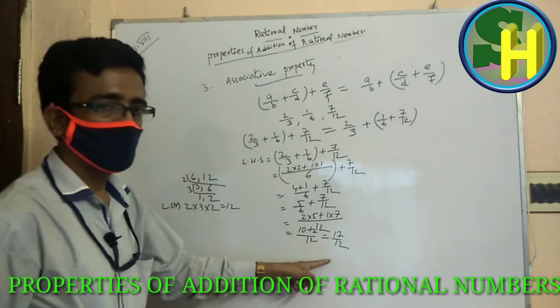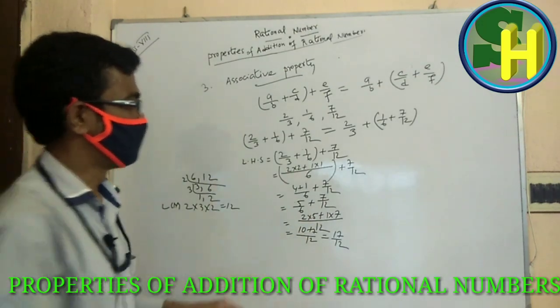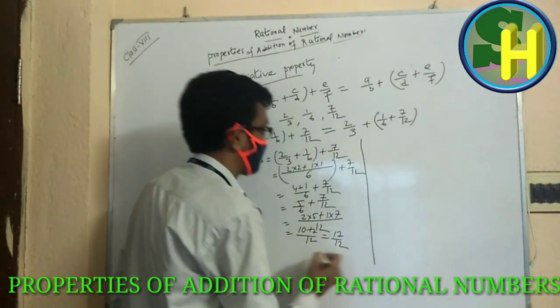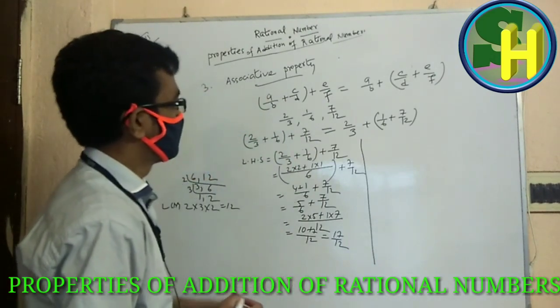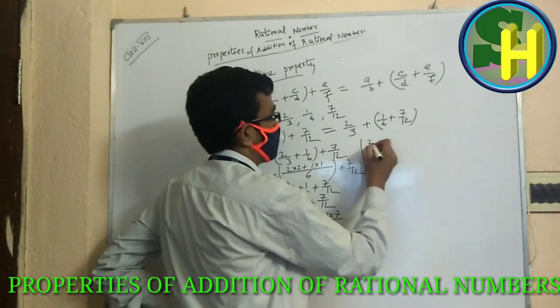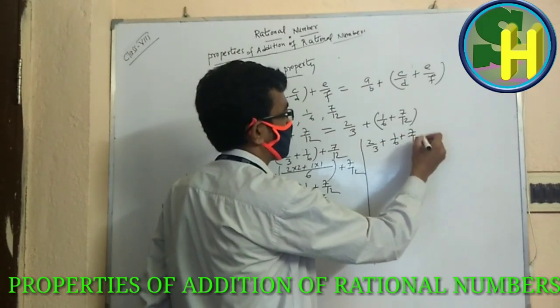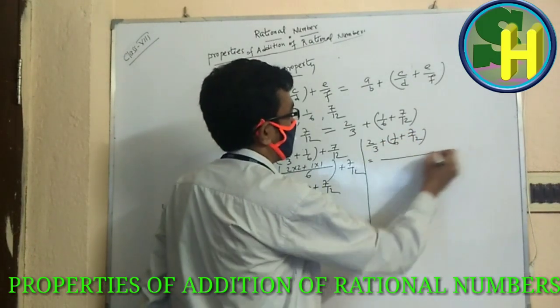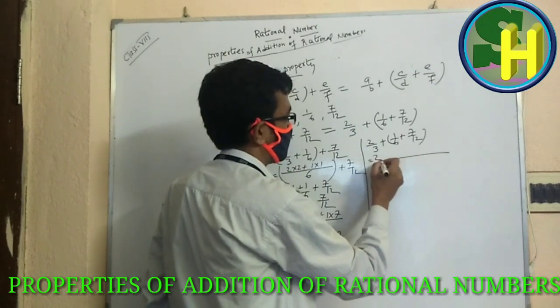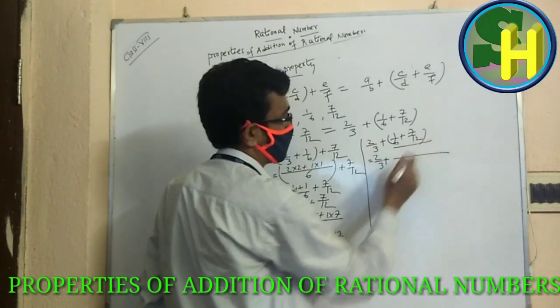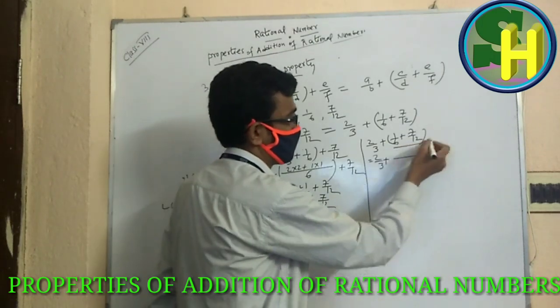This value is from the left hand side. Now you take 2 by 3 plus 1 by 6 plus 7 by 12. At first you add the bracket part, 6 and 12.